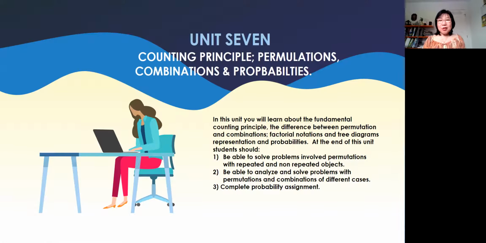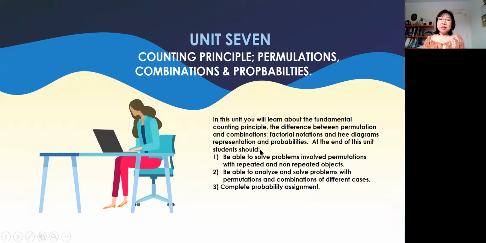Counting principle, permutation, combinations, and probabilities. In this unit, you will learn about the fundamental counting principle, the difference between permutations and combinations, factorial notation, and tree diagram representation and probabilities.